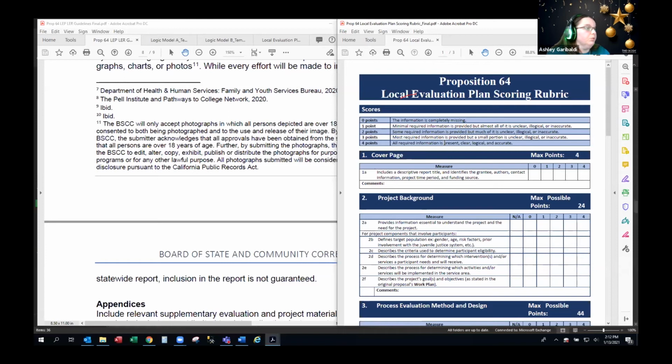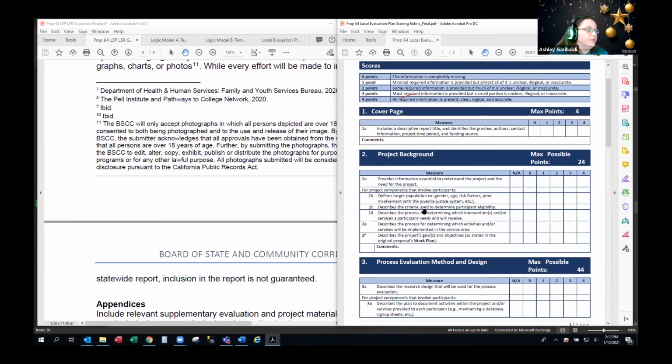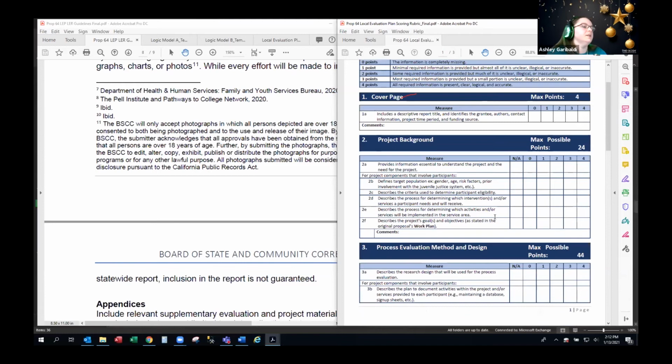You'll see that the rubric here mirrors the content requested in the guidelines. So cover page, project background, process evaluation method and design, etc. So what I'll do is when you turn your LEP in, I will read through those and then I'll just use this as a standard rubric to make sure that I'm not missing anything. And if you're missing something or if I'm confused about it, then I'm going to make some comments.